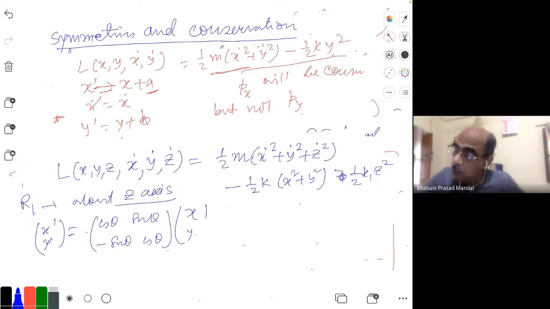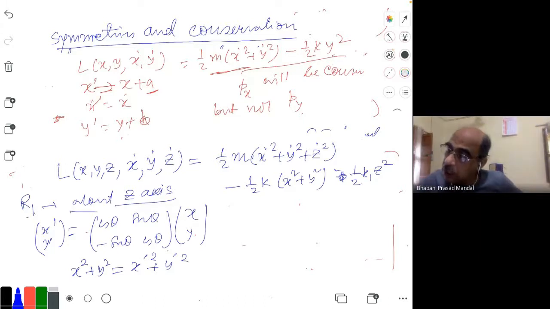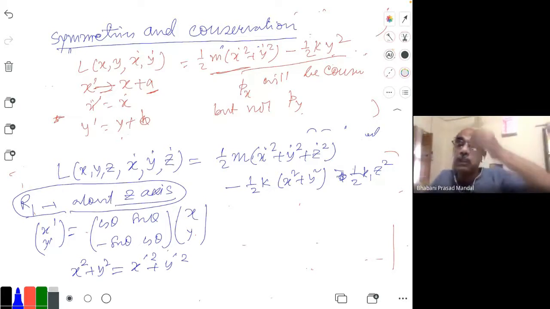You can verify yourself that x square plus y square will be x prime square plus y prime square, and also the derivatives. Z remains as it is when you have a rotation about the z axis. No changes, only the xy coordinates change.